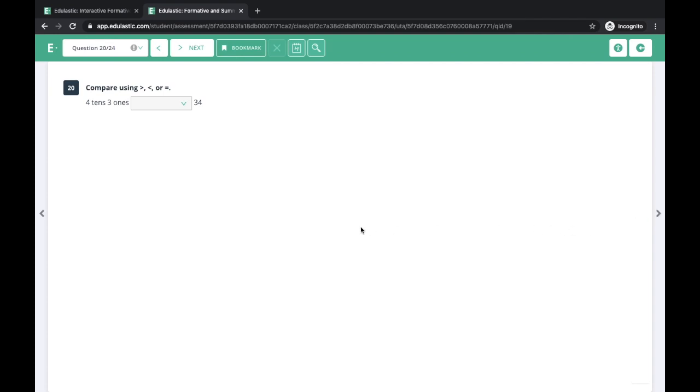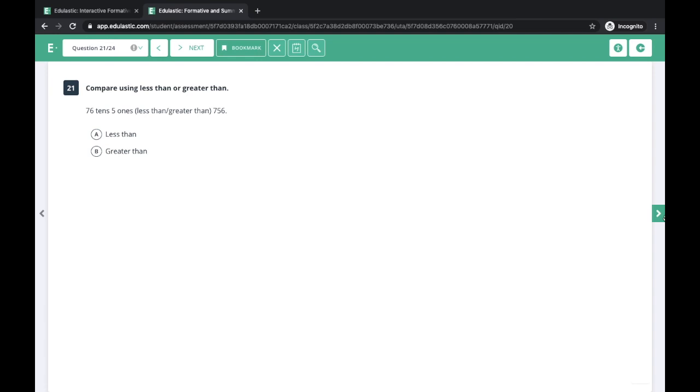In 43, we have 4 tens, while in 34, we have 3 tens. We know that 4 is greater than 3, so 4 tens and 3 ones, or 43, is greater than 34. We're going to click the green arrow and select our answer choice. 4 tens and 3 ones is greater than 34.